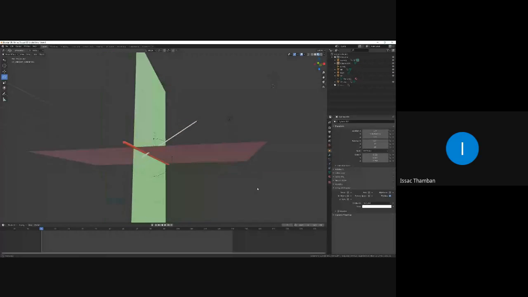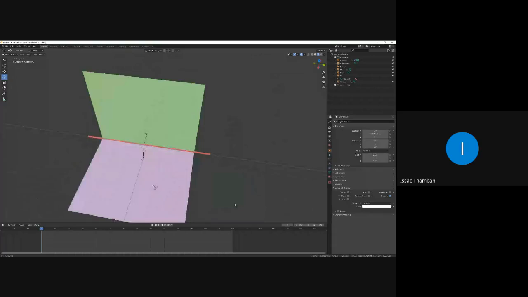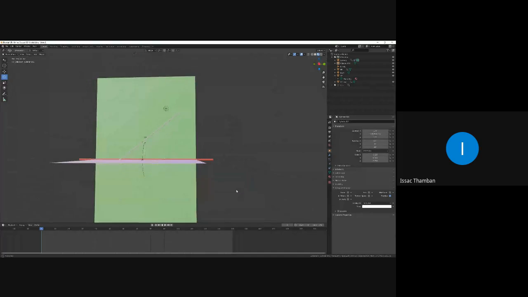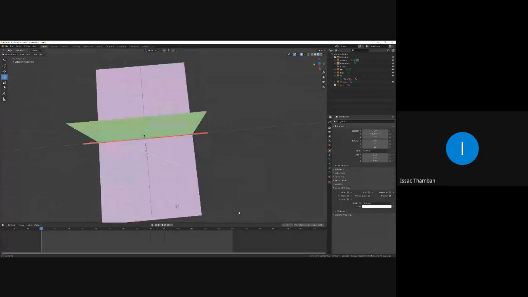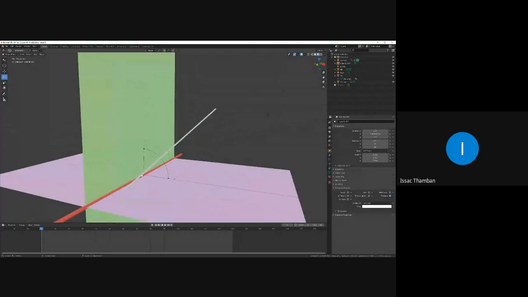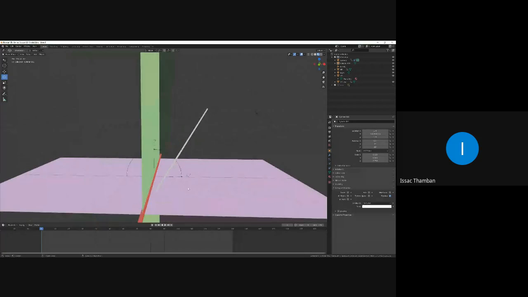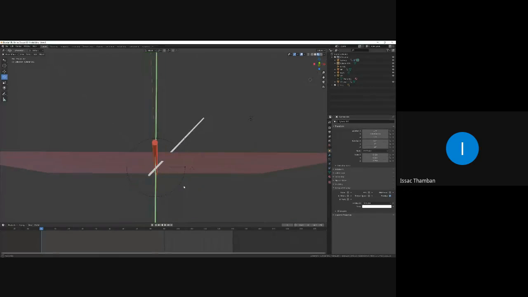Yes, sir. So here the line is inclined to HP and VP. Here you can see that the line is penetrating the horizontal plane at this location, and it is penetrating the vertical plane at this location.